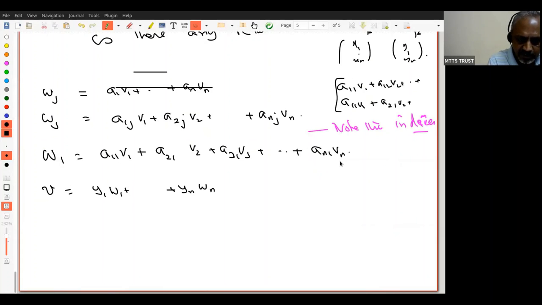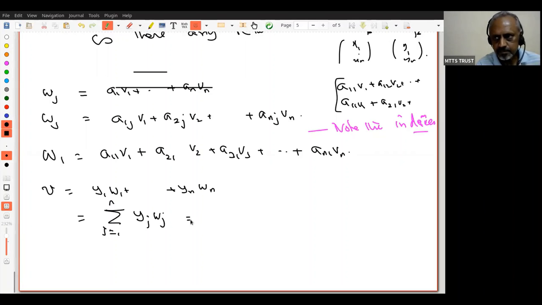Do you follow that? So I want to make use of that. Okay. So let me write it in shorthand notation, but I will explain in a minute in case you have a problem. So let me write it as the sum of yj wj, j equal to 1 to n.